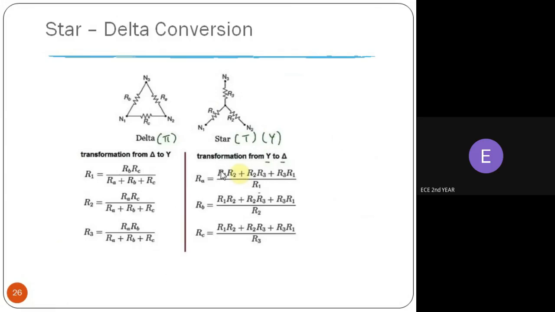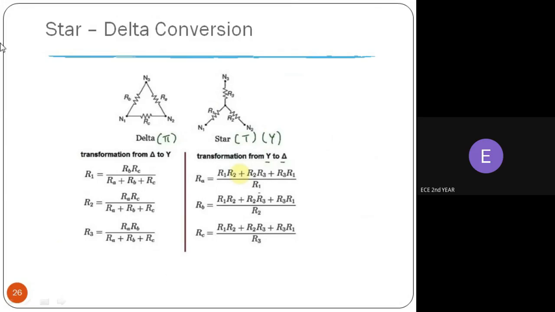RB can be calculated as R1 into R2 plus R2 into R3 plus R3 into R1 divided by R2, and RC can be calculated as R1 into R2 plus R2 into R3 plus R3 into R1 divided by R3.